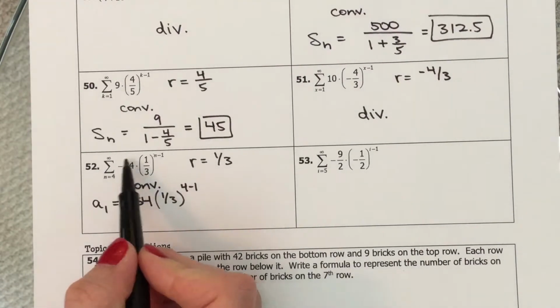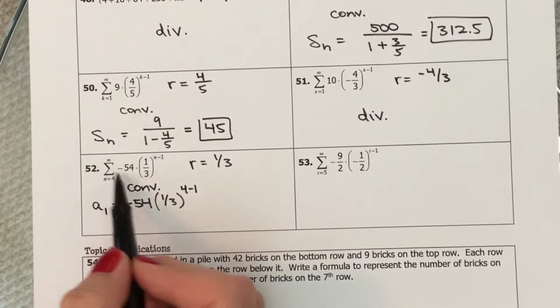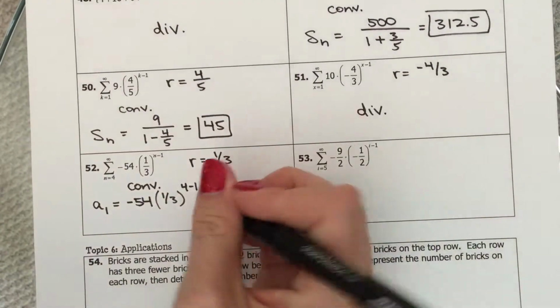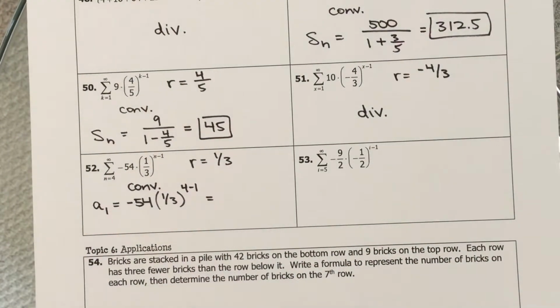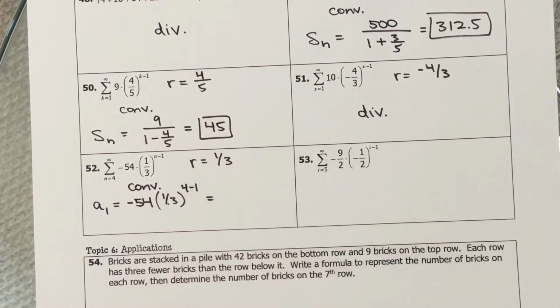Okay, so this is the actual A1. We want to know what our starting value is starting at n equals 4. So you sub in here and we can figure out what this starting value would be. So this would be 1/3 to the 3rd power, that's 1/27th, and then times -54.